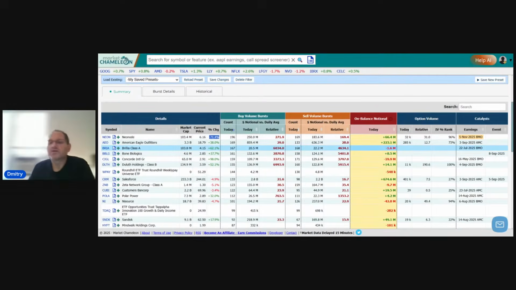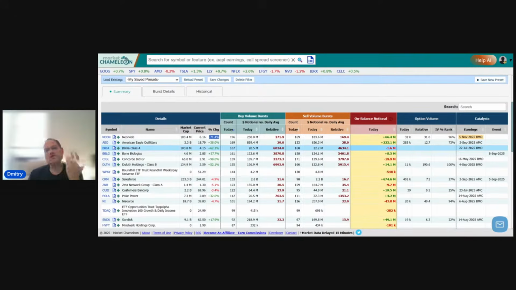Okay, around that stock, we could go check the news, but this kind of reflects that there's something going on, and it's not coming from any one particular side. The burst, just a lot of trading activity.